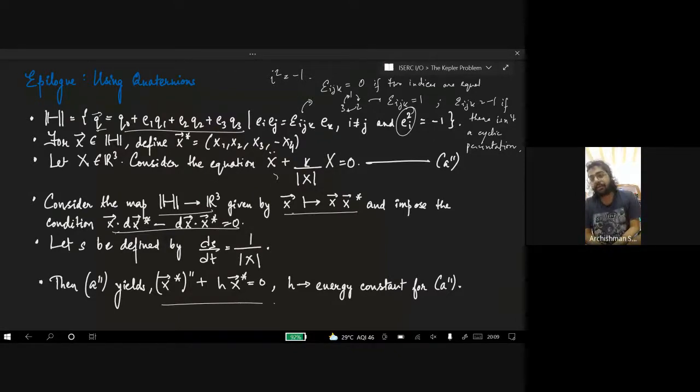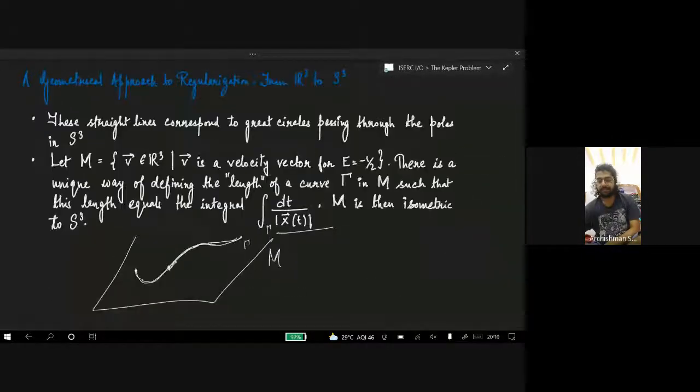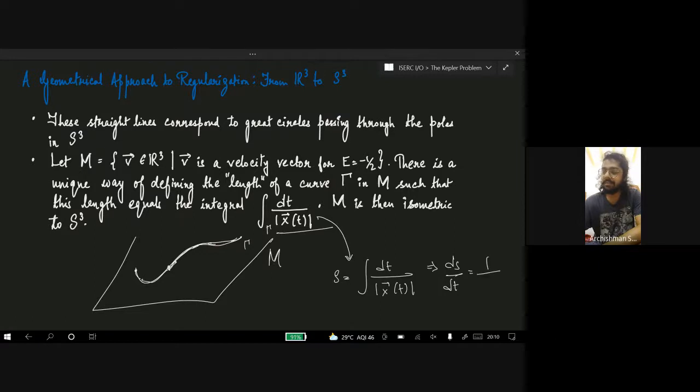Now, to tie up both these things, a geometrical and an analytical approach, let me mention that you have this time transformation 1 over mod x. This is remarkably similar to the way we define the length of a curve. If this integral is called S, then you might notice that ds/dt is 1 over mod x.